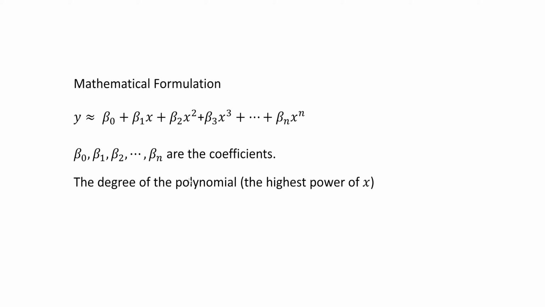The degree of the polynomial is the highest power of x. If we have x squared, it is a second degree polynomial. And if we have x cubed, it is a third degree polynomial.